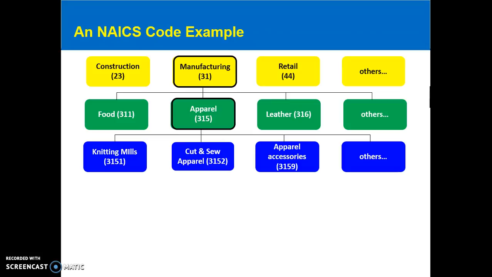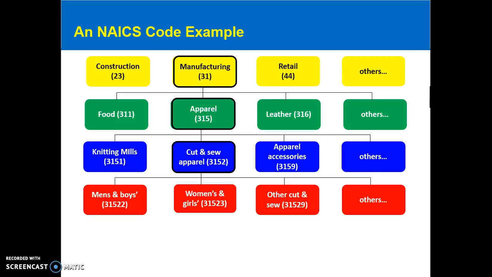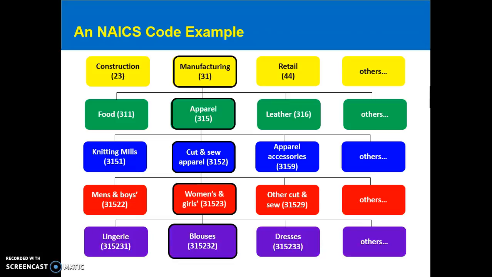So if you want to find out which companies are into the cutting and sewing of apparel, then that NAICS code would be 3152. You can look for information from a database, look for 3152, and you will get the information on all those companies. And similarly, it keeps going down and becoming more and more specific.